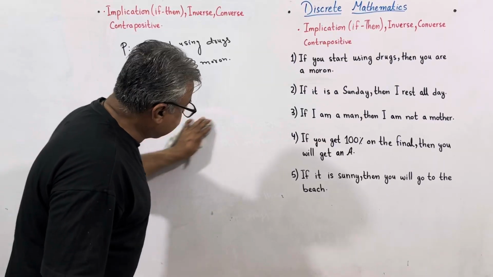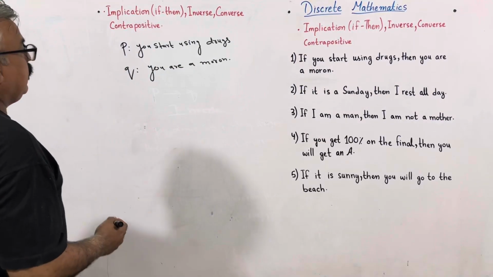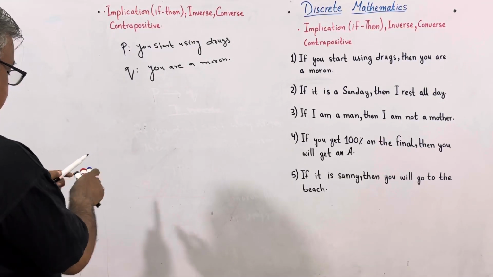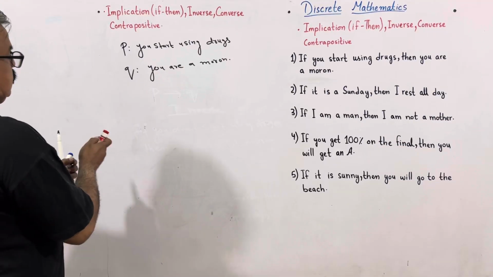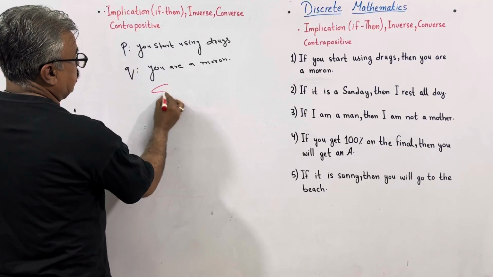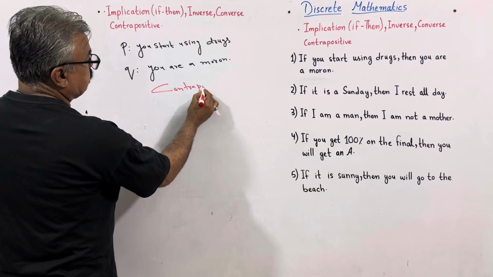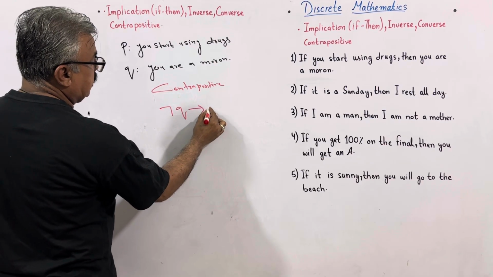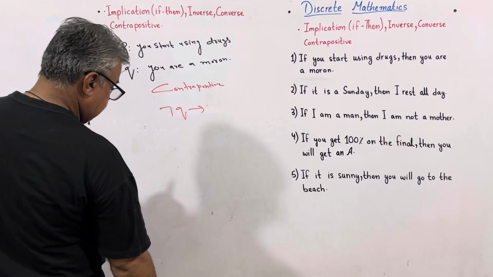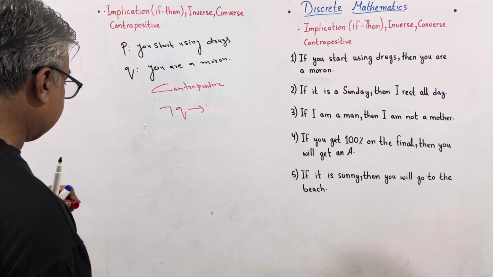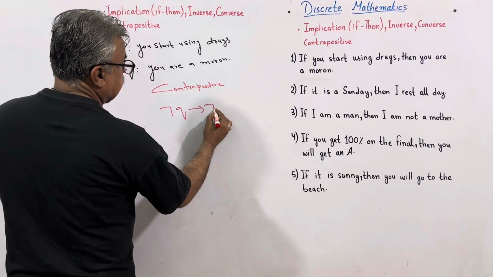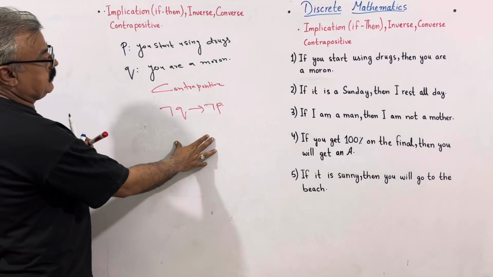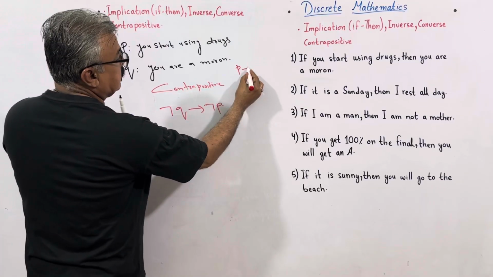The contrapositive of P implies Q is negative Q implies negative P. This is the contrapositive of P implies Q.